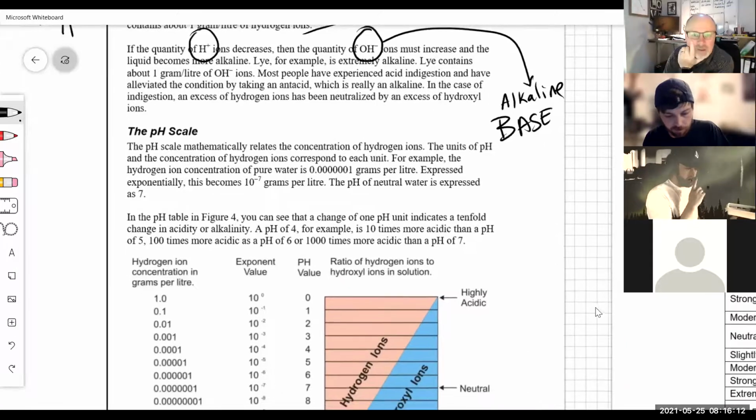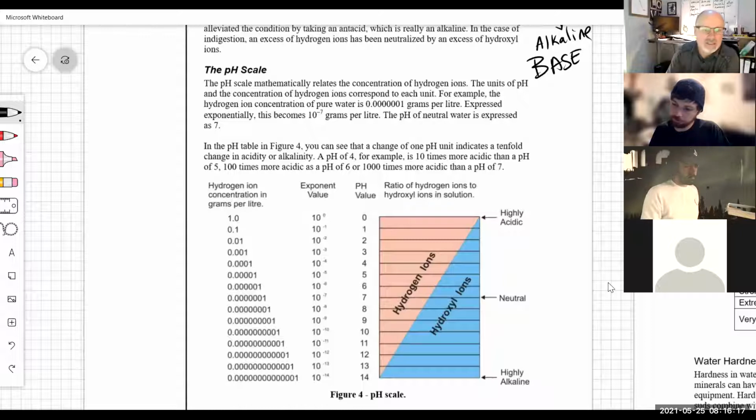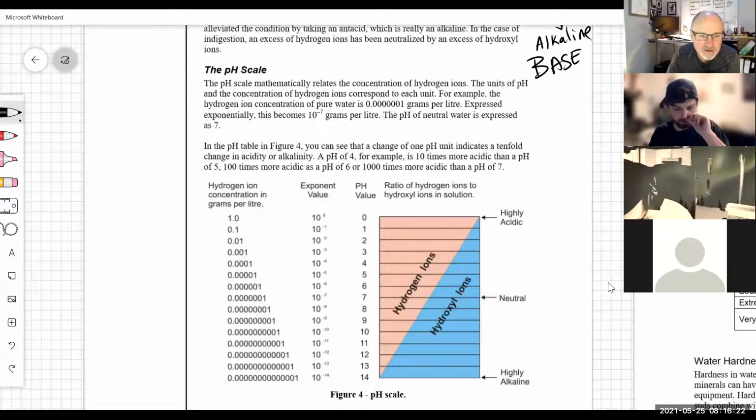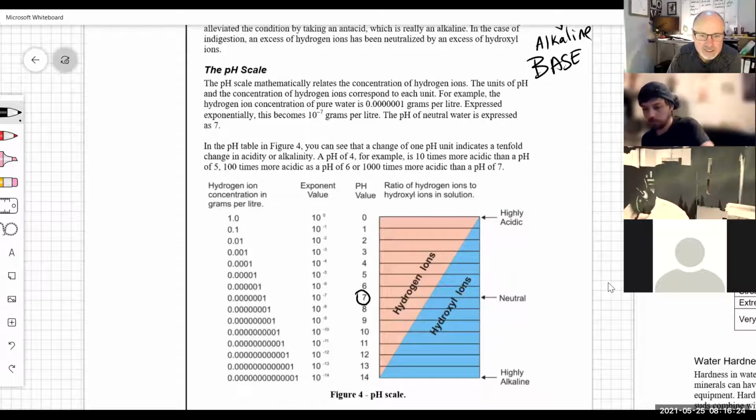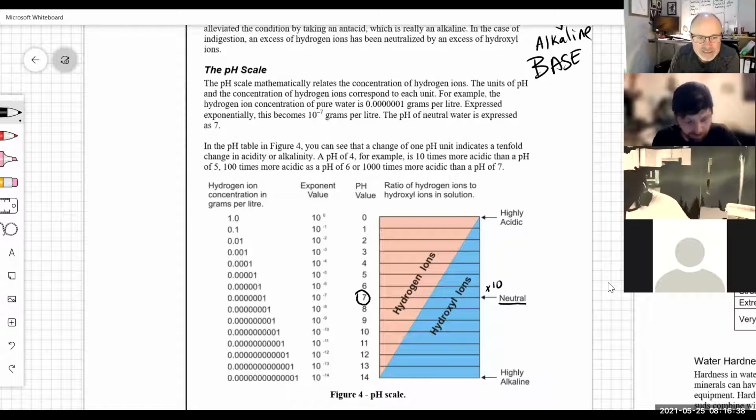Now we have to look at the pH scale. And here we have a pH scale. As I said before, number 7 right here is considered neutral. Now, each level here is times 10. So there are 10 times more hydrogen ions.